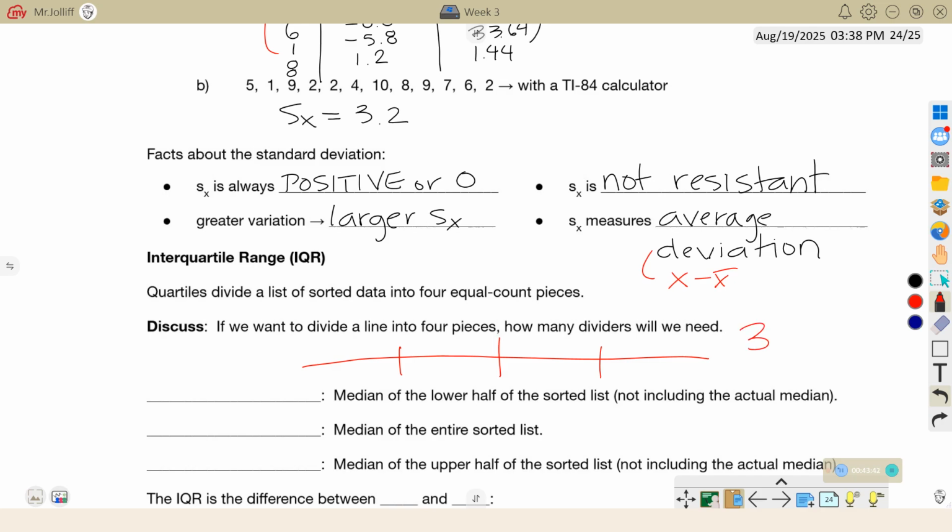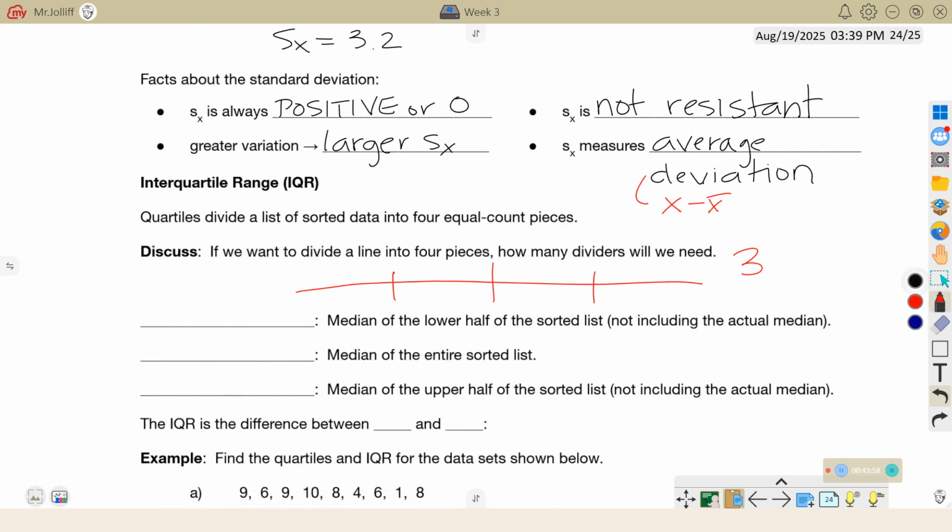Meaning, even though quartiles imply 4, I only have 3 quartiles. We call it a quartile because of the results from that division, not how many of them there are. 3 quartiles. And as the creative statisticians that we are, we called them the first quartile, the second quartile, and the third quartile. Because we are creative.